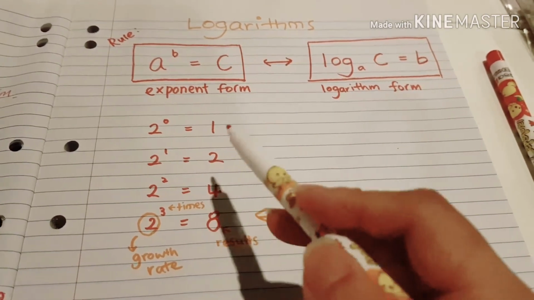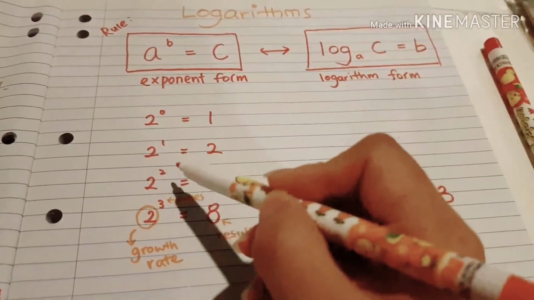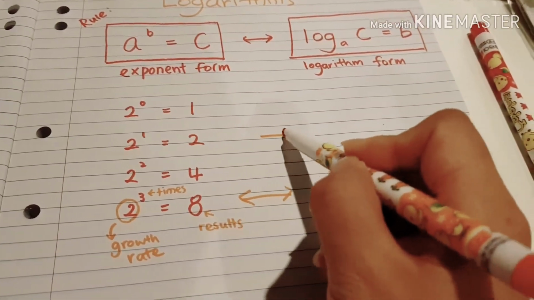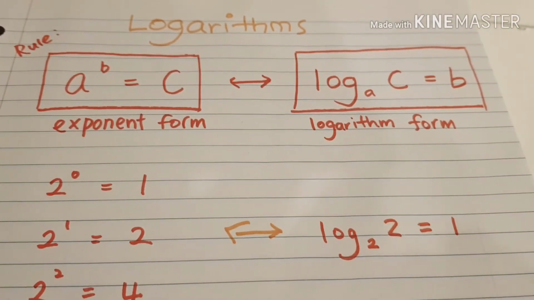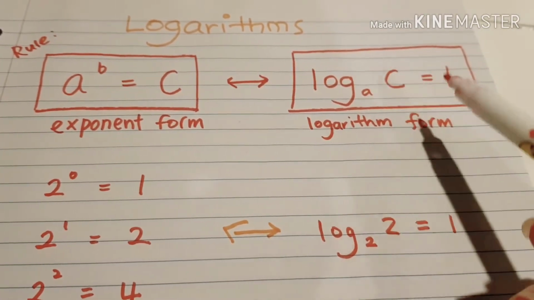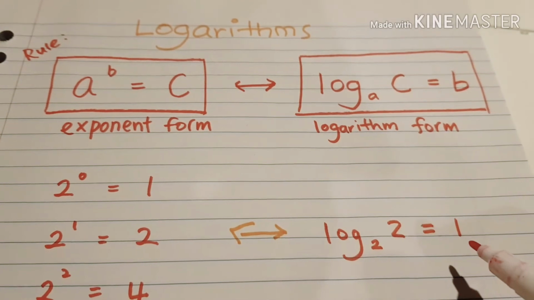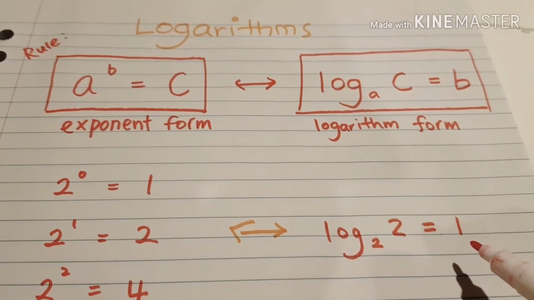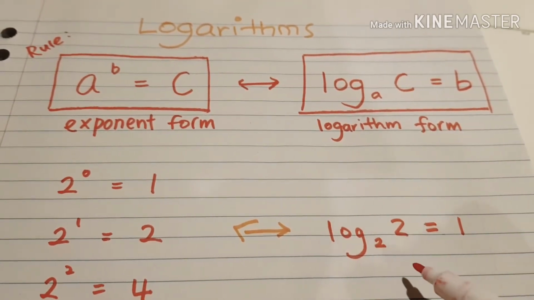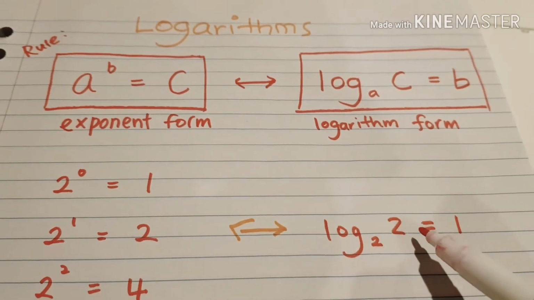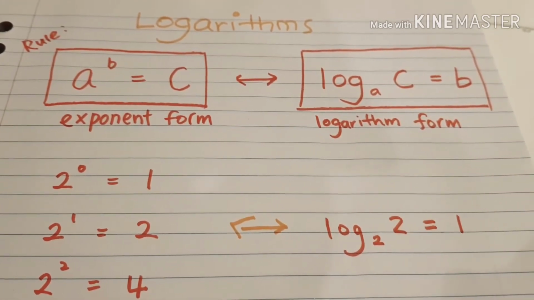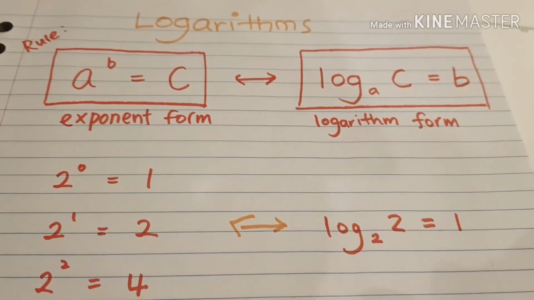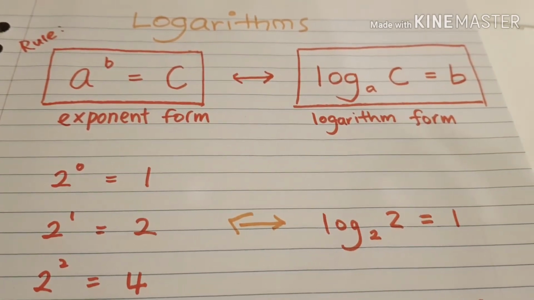Let's have a go at changing the second one. If we just follow the rules, a, b, c, it can be written like this. Again, how fast you're growing is 2, the end point is 2. Oh, it's the same. So how many times? It's just 1, right?